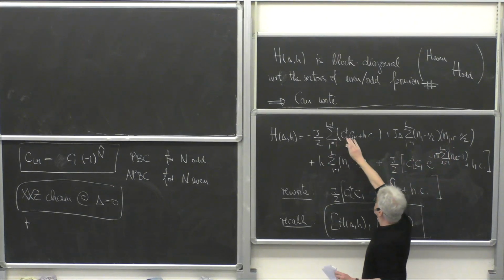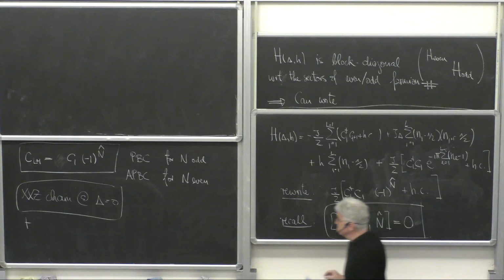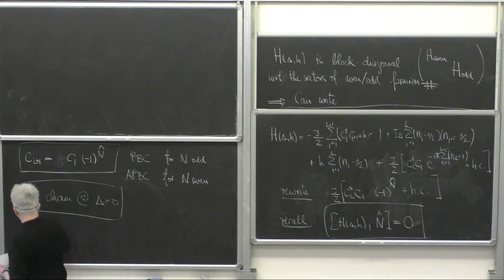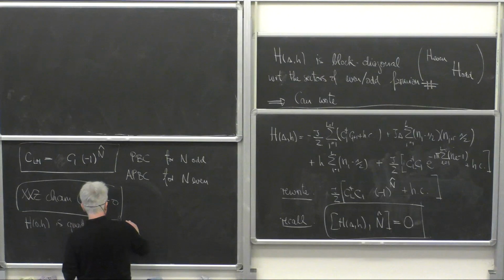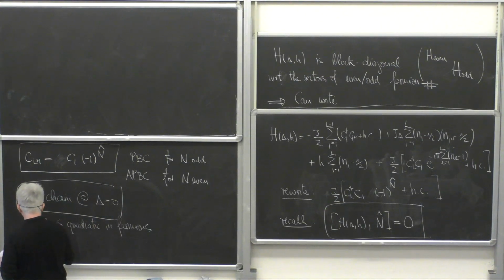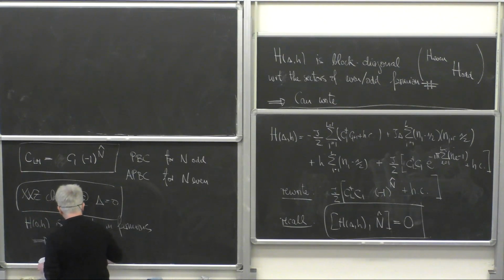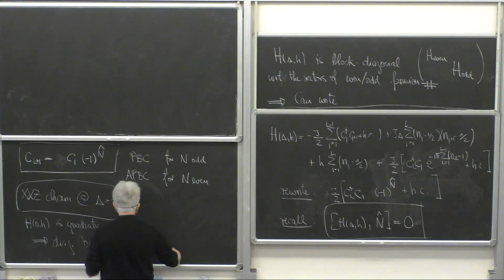So I get a Hamiltonian which is in fact quadratic in fermions. So H of 0 is quadratic in fermions. So it's a free theory. So we can diagonalize it by Fourier transform, or by going to modes.